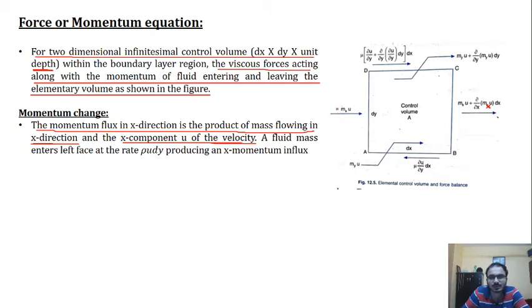So we are currently discussing this portion, mx into u. A fluid mass enters the left face at the rate of rho into u into dy, producing x momentum influx.